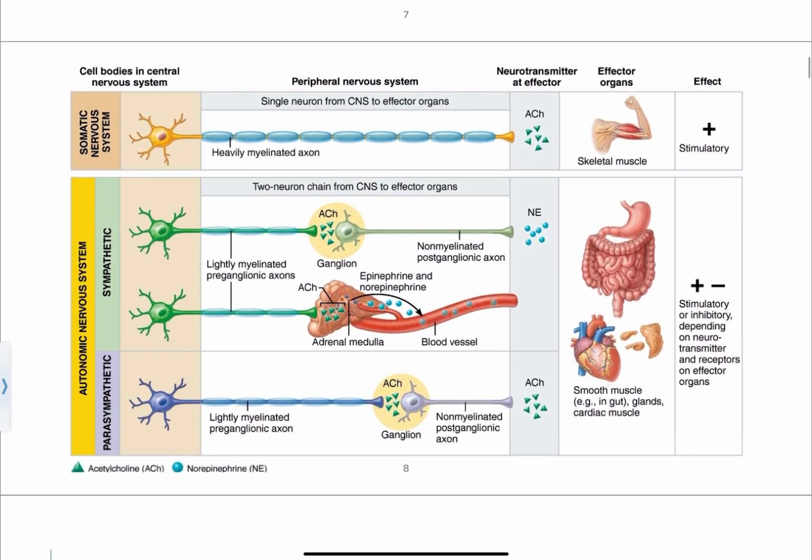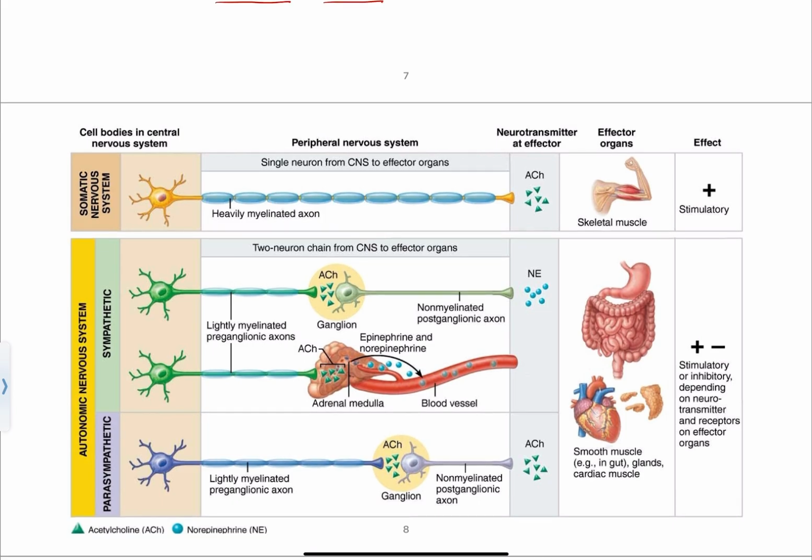So here's a good general visual of what we're talking about when we're talking about the somatic motor neuron versus the autonomic motor neurons. This is a really good picture for comparison. However, along the way, as we continue through chapter 14, we're going to add much more detail to what they have going on here.